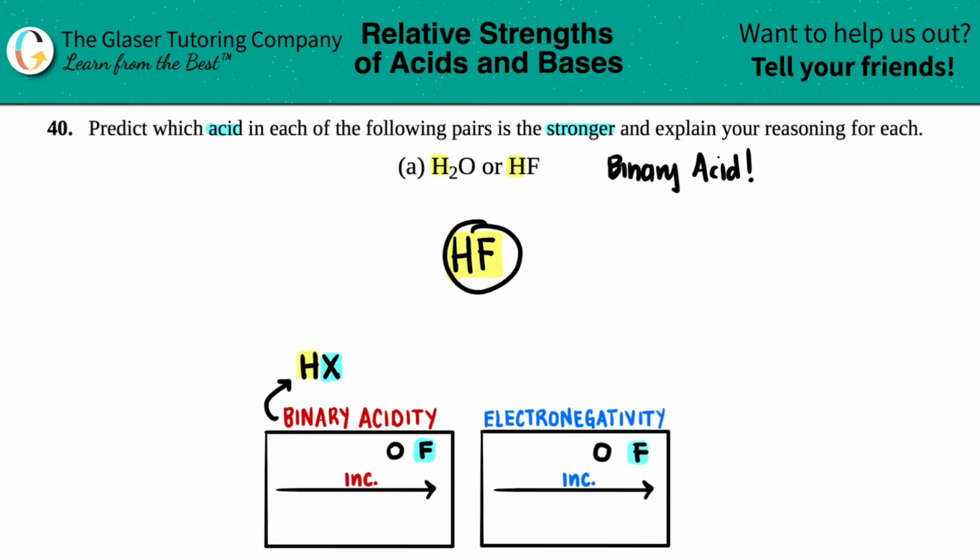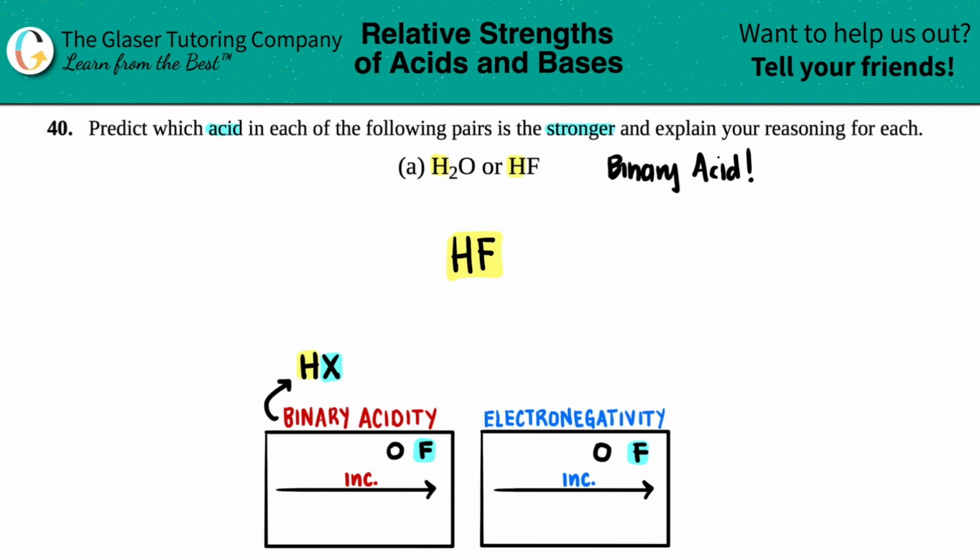And if fluorine likes to be negative, that means that this split is easier than the split for water. Because if you have H plus F minus, with 8 lone electrons around fluorine, it gains a negative charge. That's what it means by electronegativity.